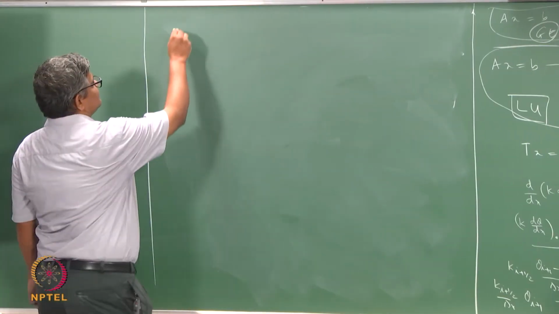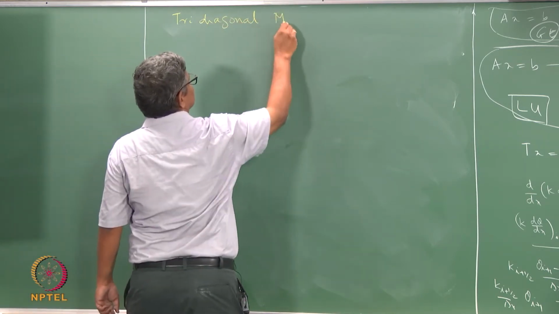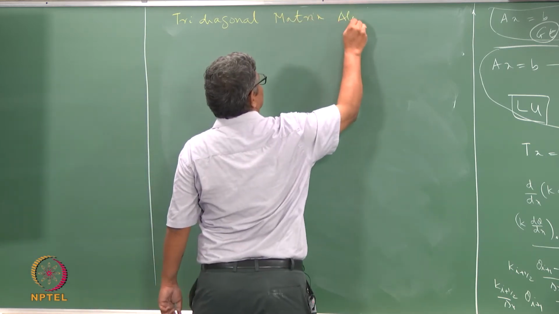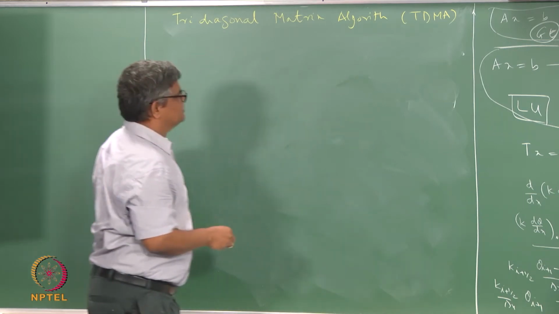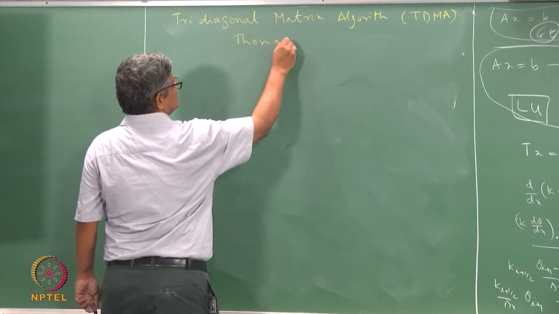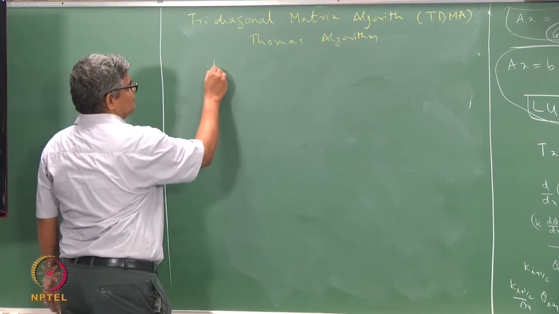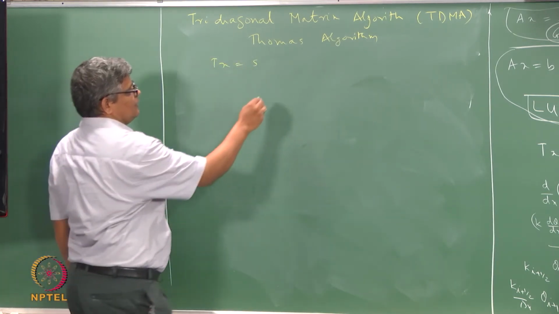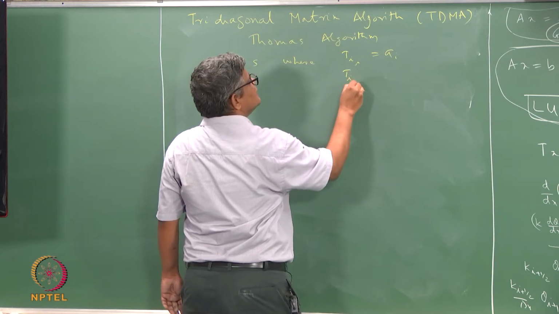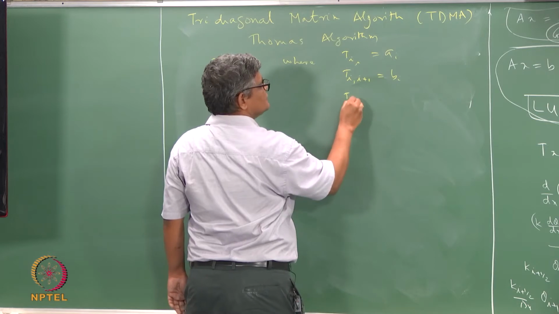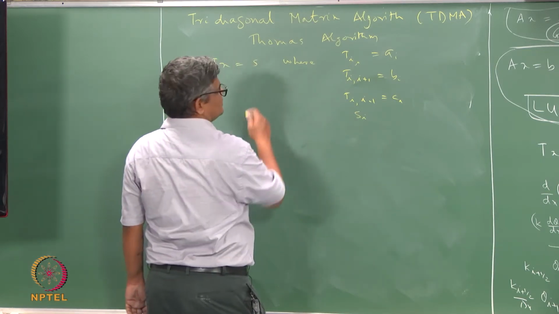Okay, I am continuing. The tridiagonal matrix algorithm, known as TDMA, is also known as the Thomas algorithm, for the solution of Tx equal to S, where Tii is Ai, Ti i plus 1 is Bi, Ti i minus 1 is Ci, and Si is Si.